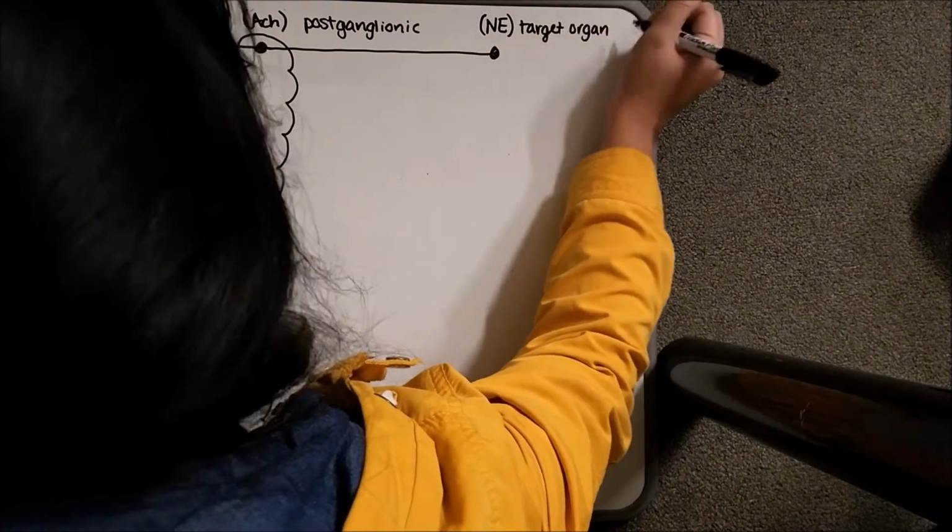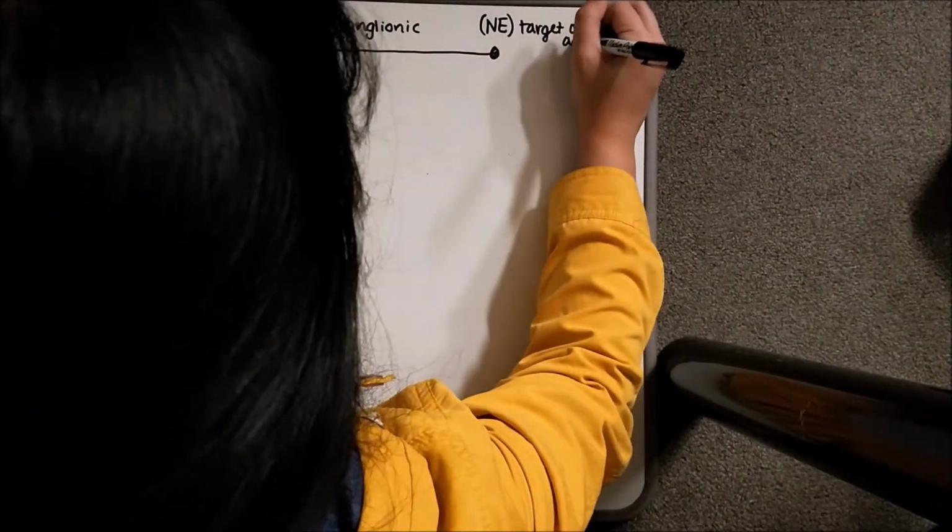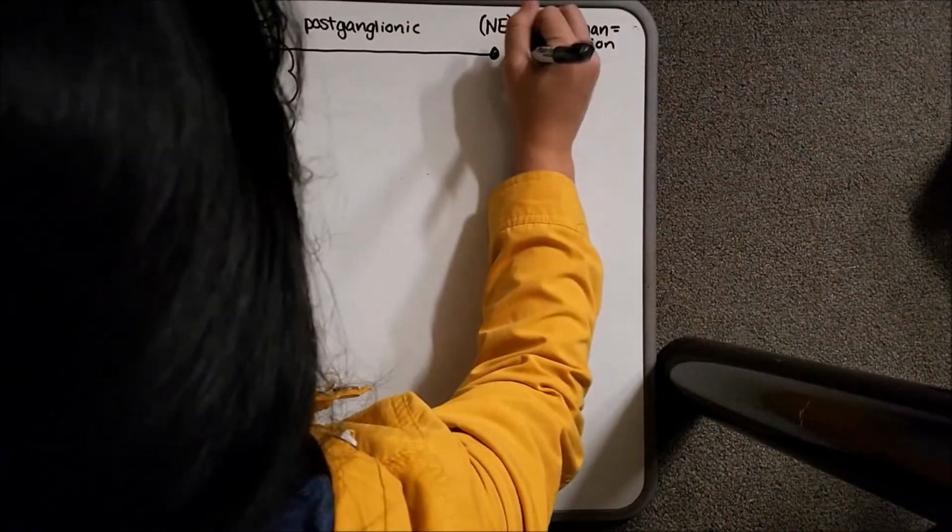There are 13 target actions that are related to the sympathetic division of the autonomic nervous system.